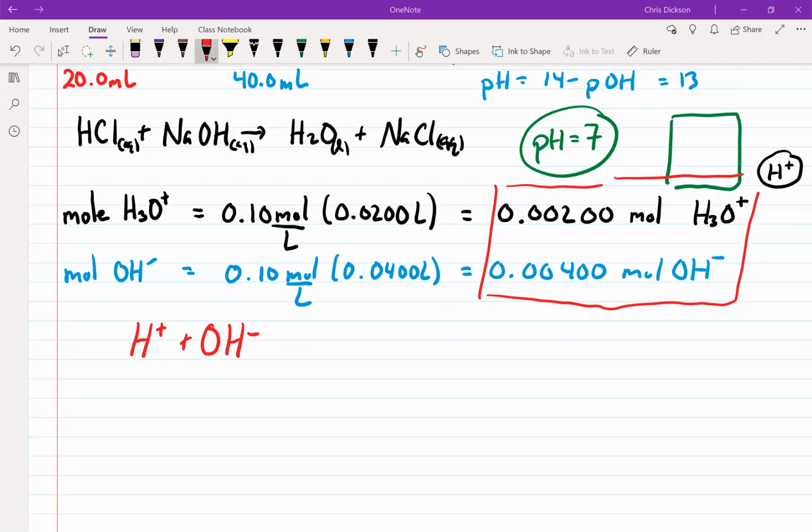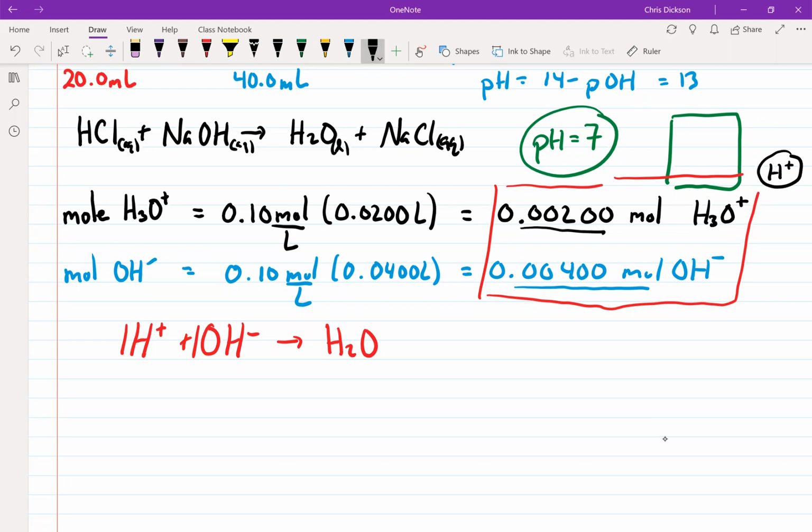Okay, so we have H plus and OH minus that should form into water. And of course, for every one of those, we'd use one of those. So if we had equal amounts of those ions, then we should have neutral pH 7 water. But we can see that we actually have more hydroxide than hydronium.